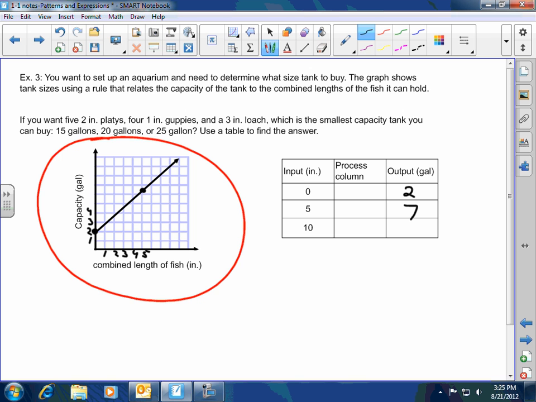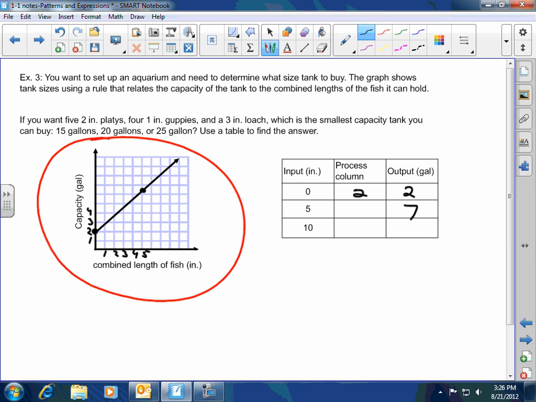And then, if my input is 10 inches, the length of the fish, well, let's analyze what happened in the first 2 inputs and see if we can process this and figure out how we got this. It's going to be easy because we started with 0. So what do we add to 0 to get to 2? 2 is the answer, of course.